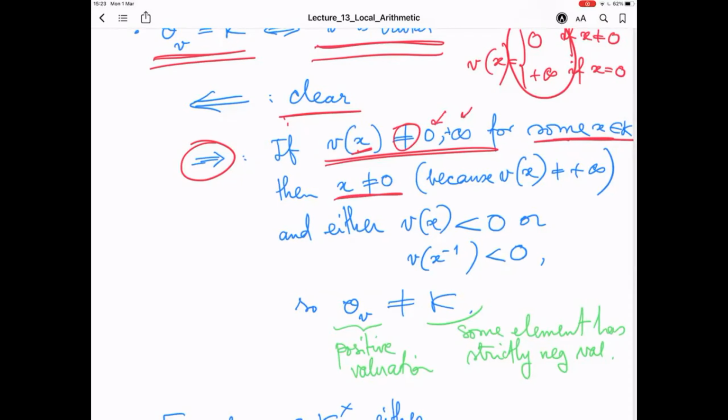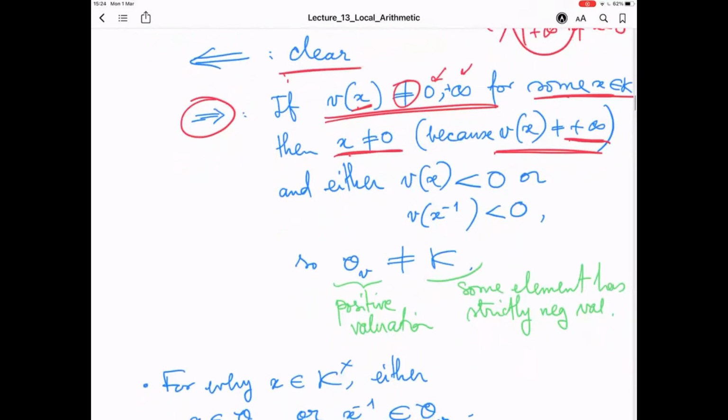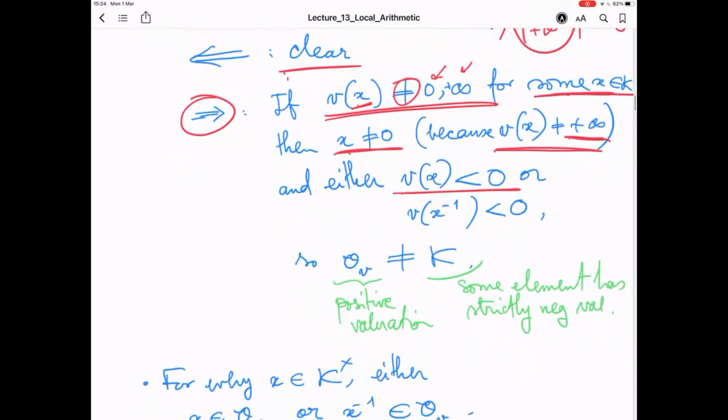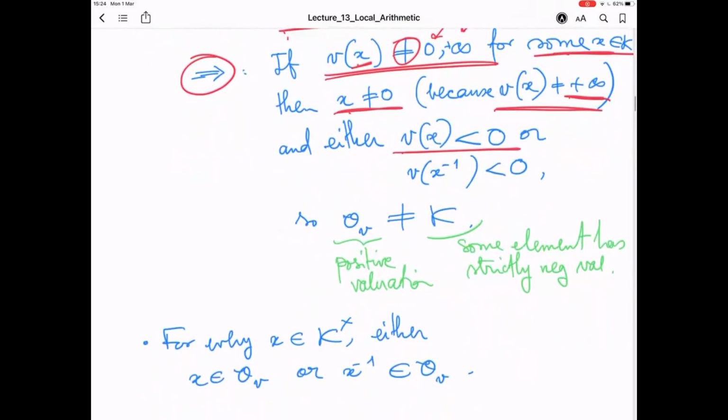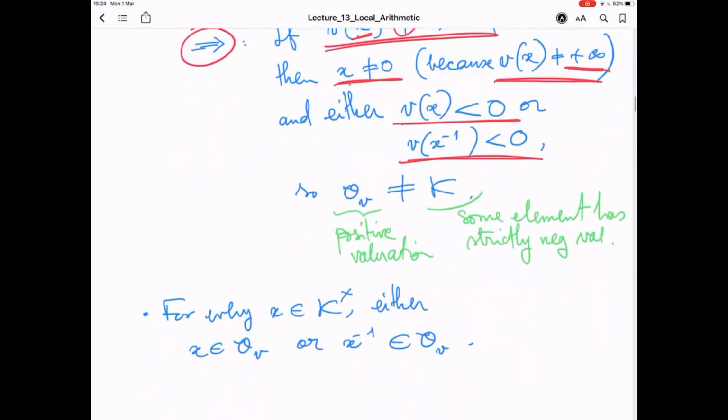Then x cannot be 0, because its valuation is not plus infinity. So either the valuation of x is strictly less than 0, or the valuation of its inverse is strictly less than 0. The valuation of x inverse is minus V of x.